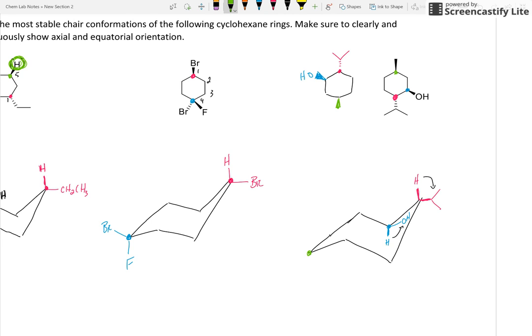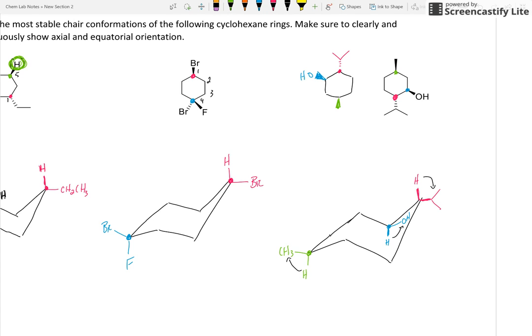Methyl group over here is trans also, so we better have an arrow pointing up. So that means my hydrogen here, methyl group here. The relationship between my alcohol and my methyl is cis, so both of those black arrows there are pointing up. They're on the same side. Good. They are both trans with respect to my isopropyl group.